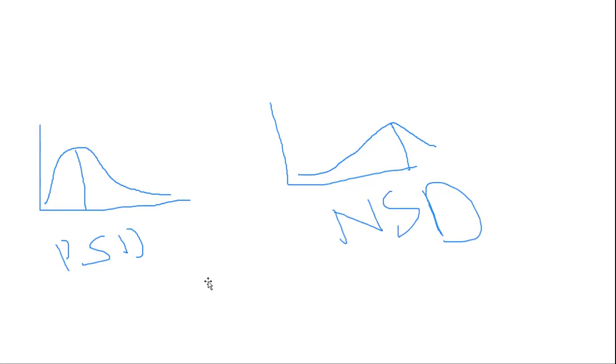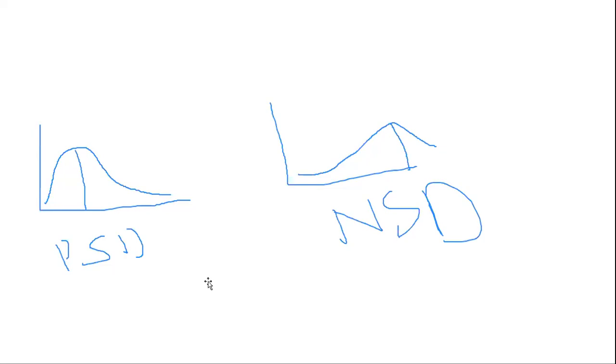For example, in a positive skewed distribution, the median and mode would be to the left of the mean. So the mean is here, and up to the mean, on the left side are the mode and median. That is called positive distribution.